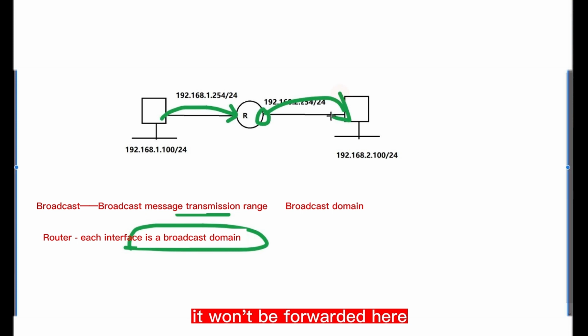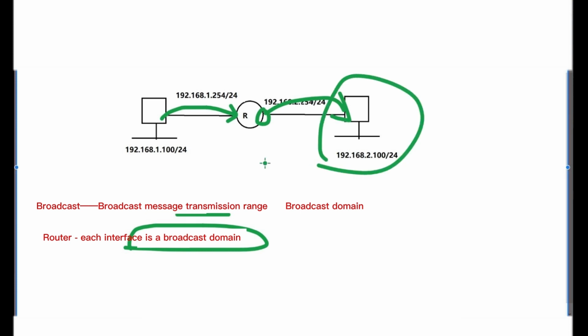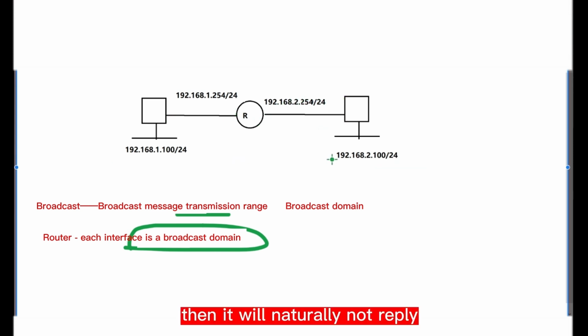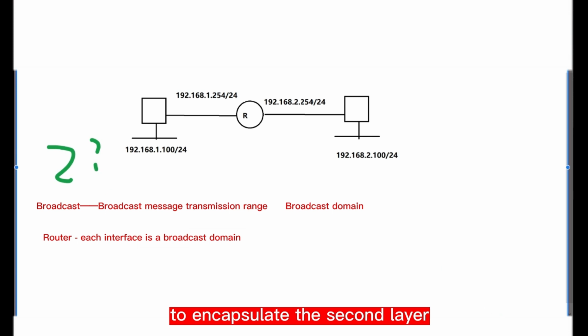It won't be forwarded here. This device cannot receive the request from the device on the left, so it will naturally not reply. Logically speaking, if it doesn't reply, there is no way to encapsulate the second layer.